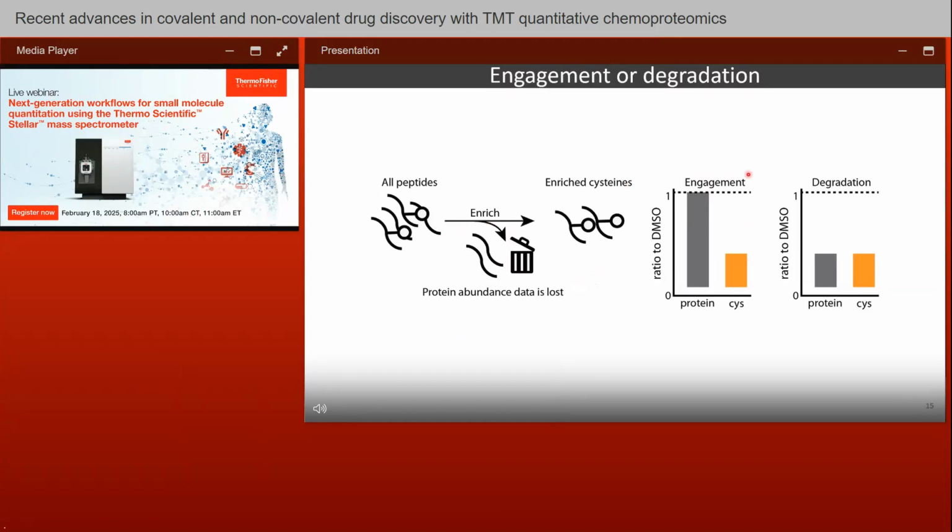So what we are trying to measure is this engagement, where protein abundance stays the same and cysteine is decreasing, right? That's engagement. But what could also be happening is just purely degradation. Protein decreases and as a result cysteine decreases, but we don't have this part of the information. That's something we're missing out here. So this can lead to false positives in discovery screening.